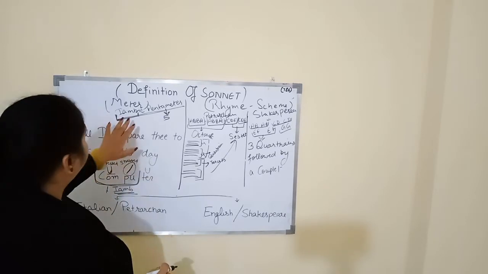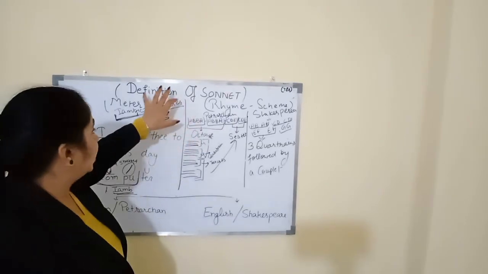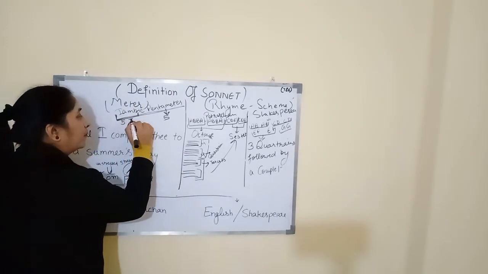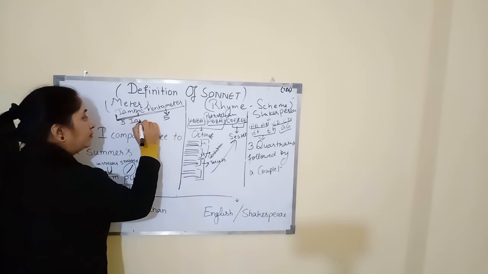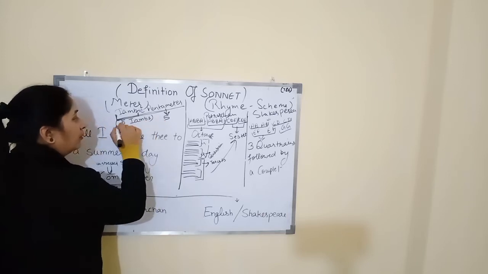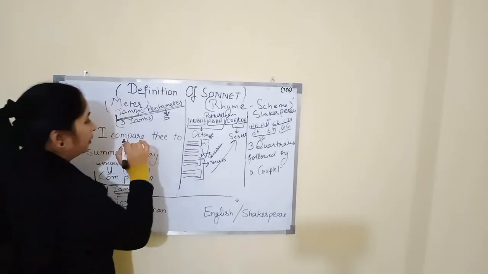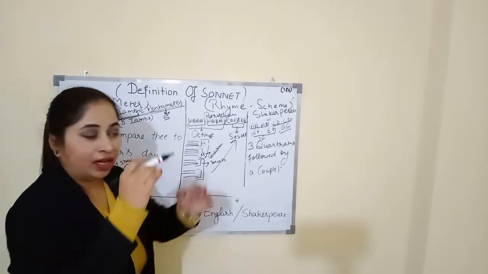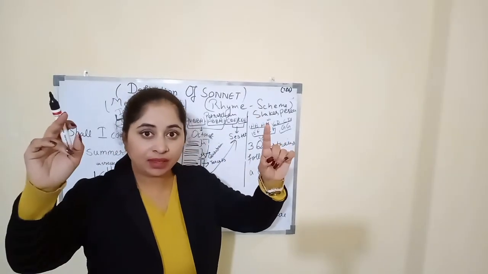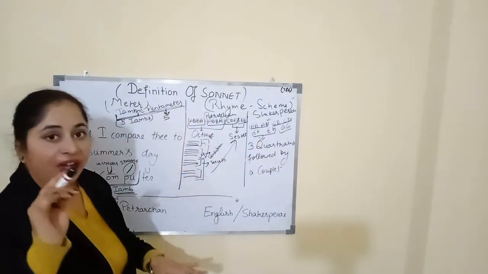Okay. And when we talk about iambic pentameters, in Shakespearean sonnets, there should be 5 iambs. Five iambs. That's why it's called pentameter, which means 5, right? Iamb is what? Unstressed and stressed in one syllable, right? Unstressed and stressed. And pentameter means 5.